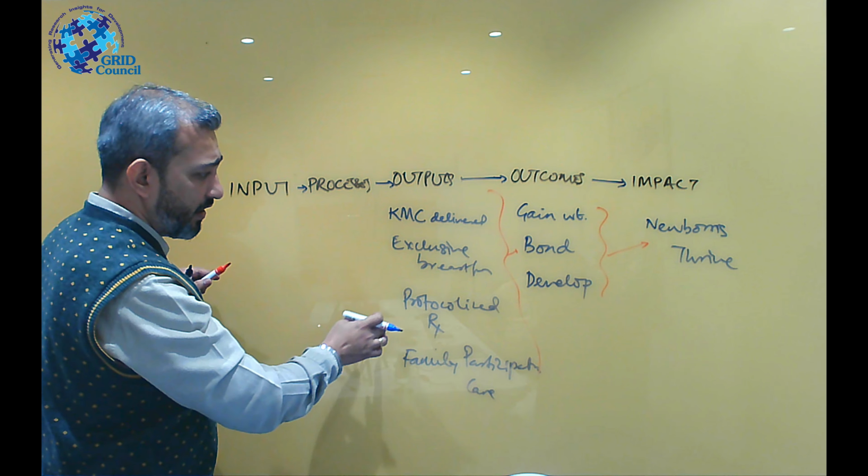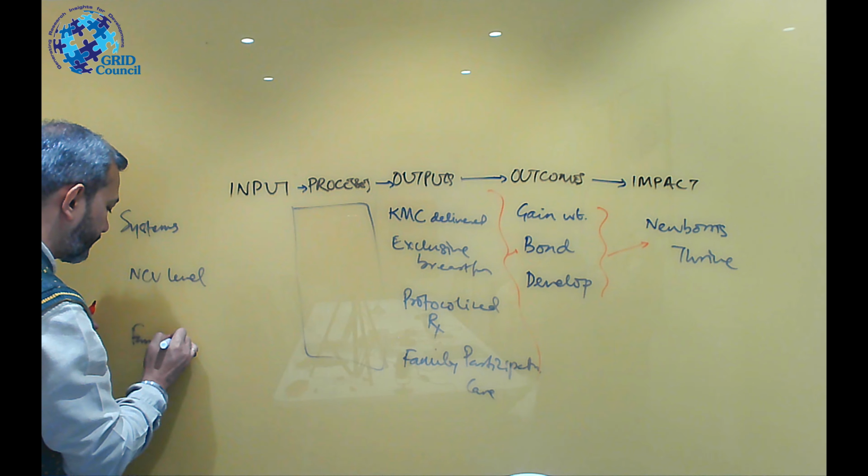Let me say that this is a complex public health intervention, and complexity operates at least at three levels. So my complexity operates at something at the systems level, something at the NCU level, and maybe something at the family level.